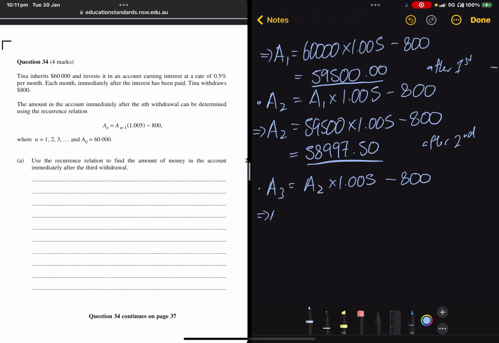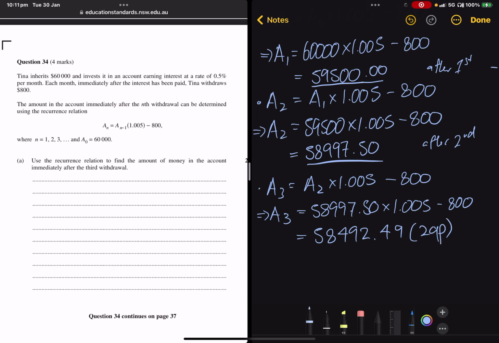So this gives us A3 is equal to 58,997.50 times 1.005 minus 800. And we need to round this to 2 decimal places because this is dollars and cents. This ends up giving us 58,492.49, 2 decimal places. And this is the answer that we're after.